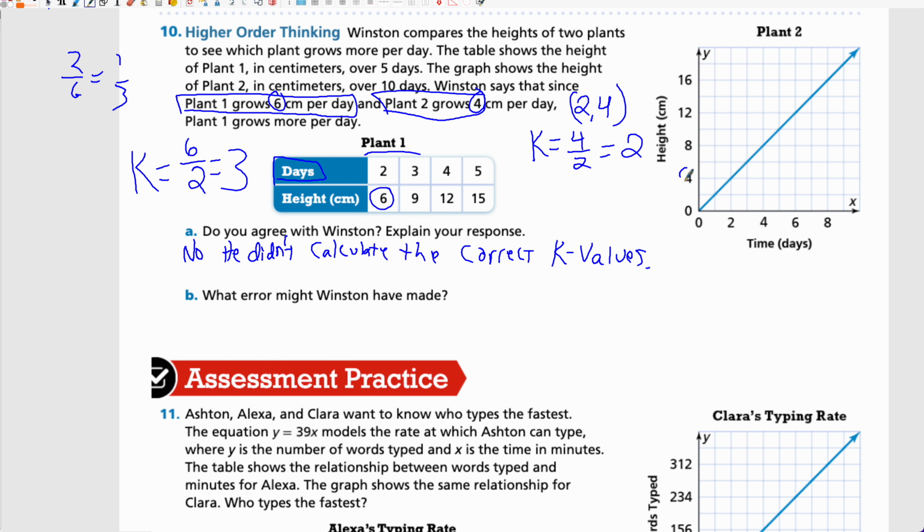He found the first height value that was listed on the graph and said, oh, that's how much the plant grows per day. No, he didn't divide. Which means he did not set up a ratio or a proportion.